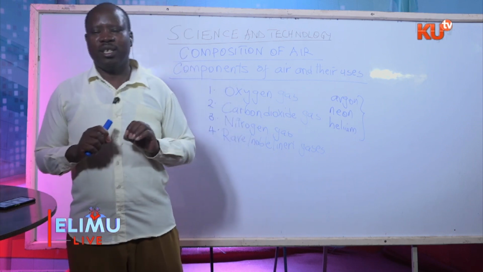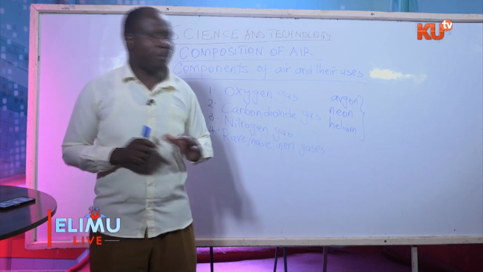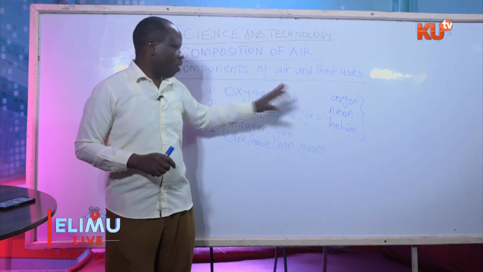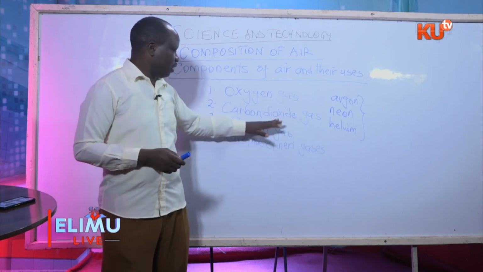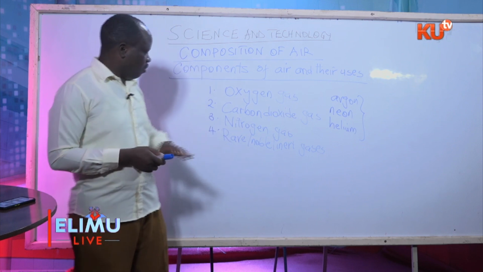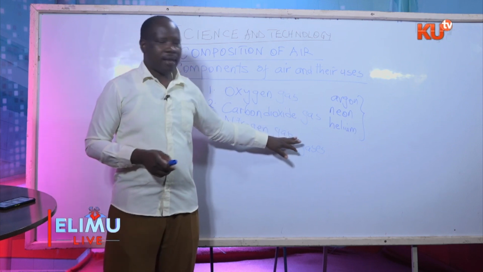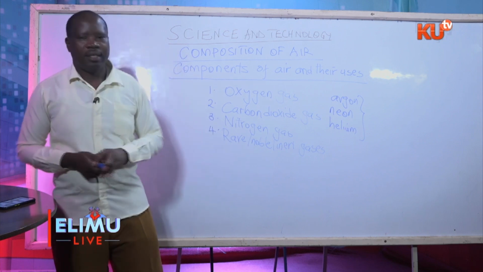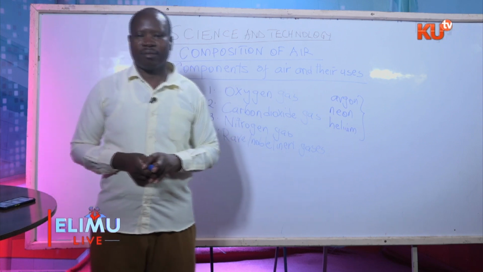Those are the 3 uses of carbon dioxide. In case you're asked, we've looked at the 3 uses of oxygen, the 3 uses of carbon dioxide. And now we move to our gas number 3. That is nitrogen gas.